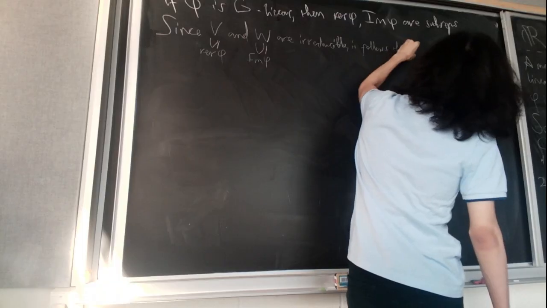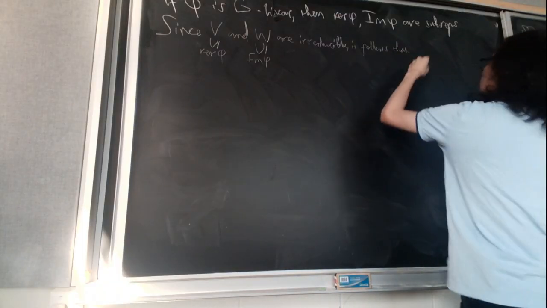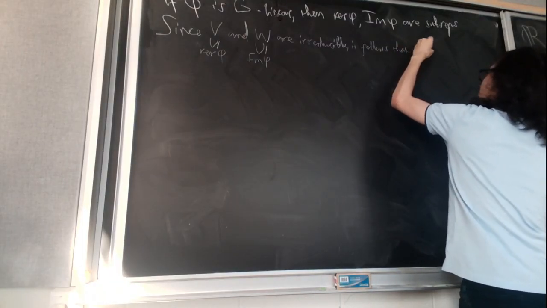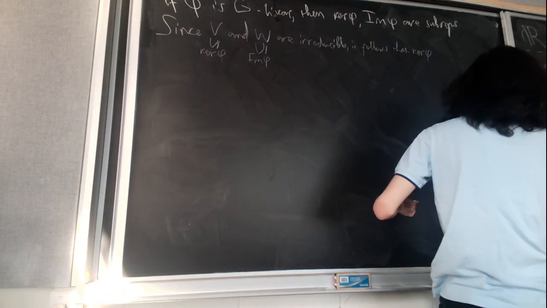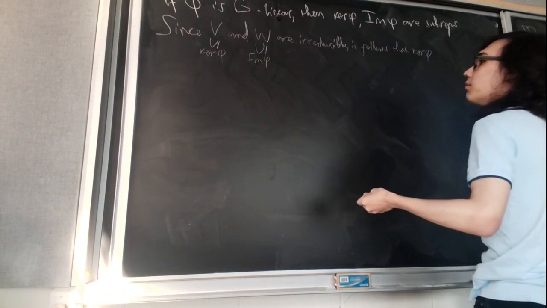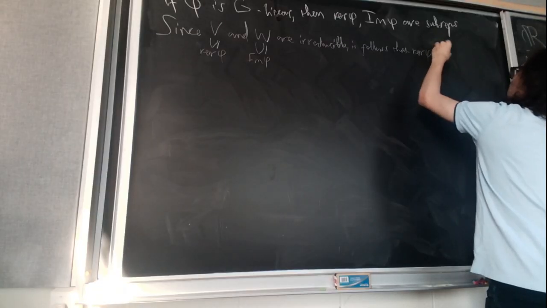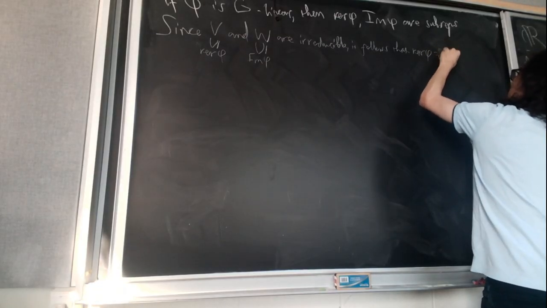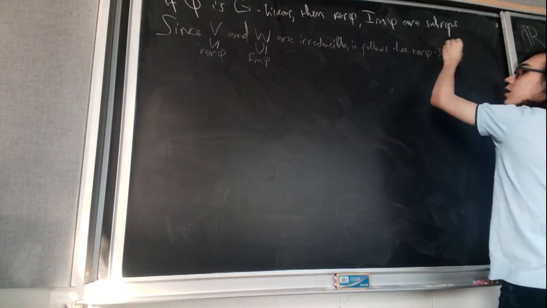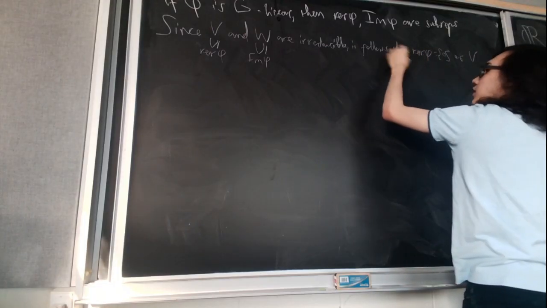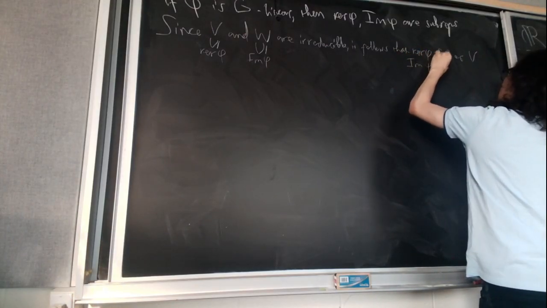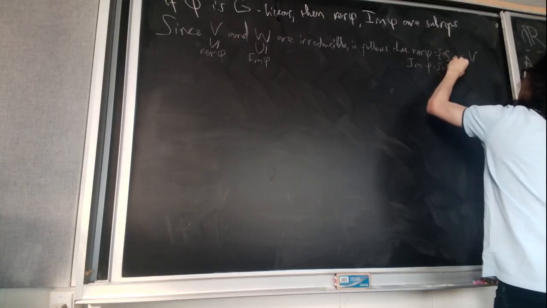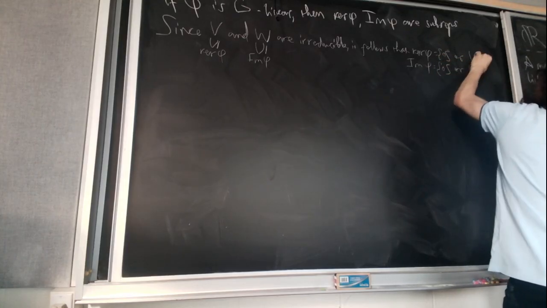It follows that we have that the kernel, being a subrepresentation, a G-invariant subspace, is either equal to 0 or the entire vector space. And again, the image is equal to either 0 or the entire vector space.